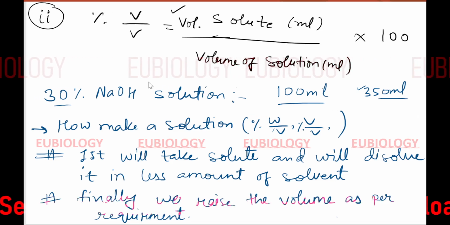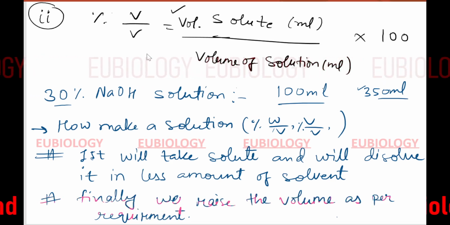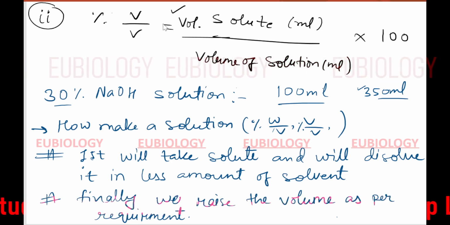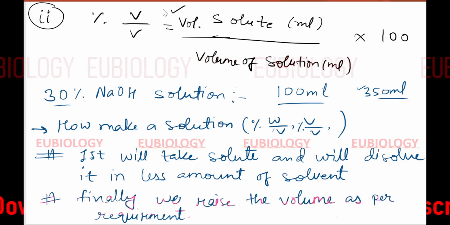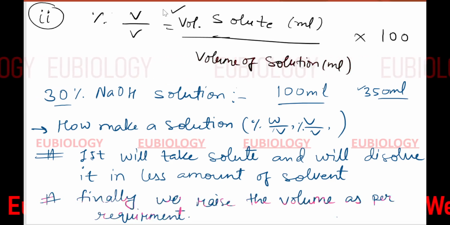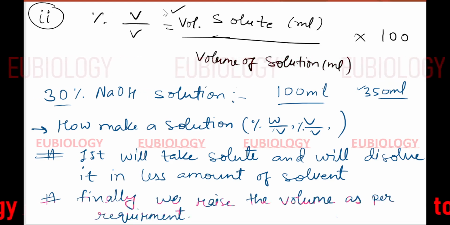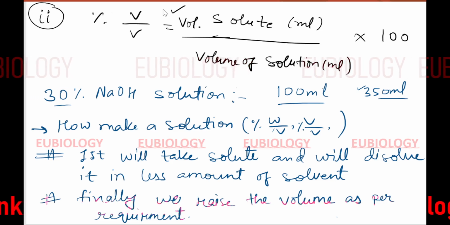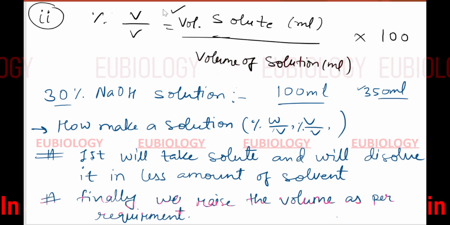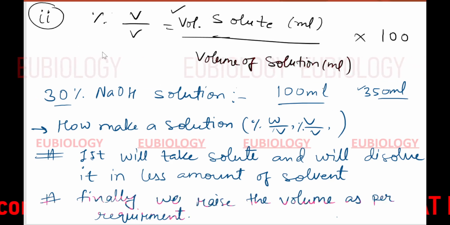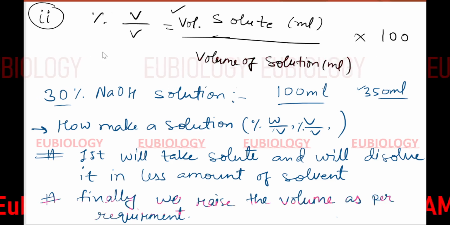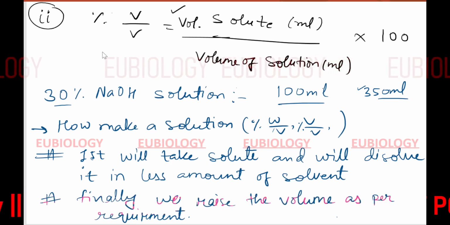Both percentage weight by volume and percentage volume by volume are altered by the temperature. So for these we have to work at a particular temperature, in a hood. A particular temperature is required to make this type of solution.